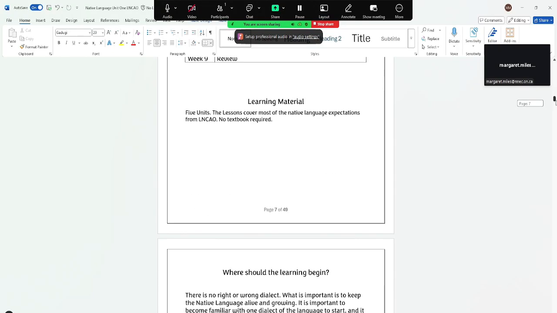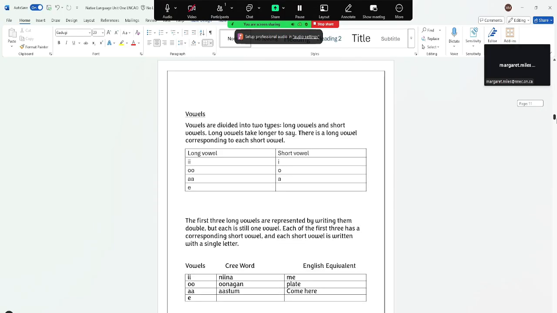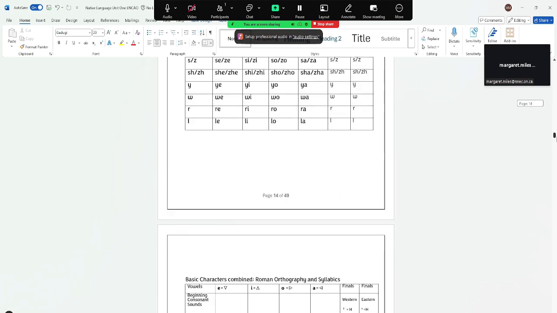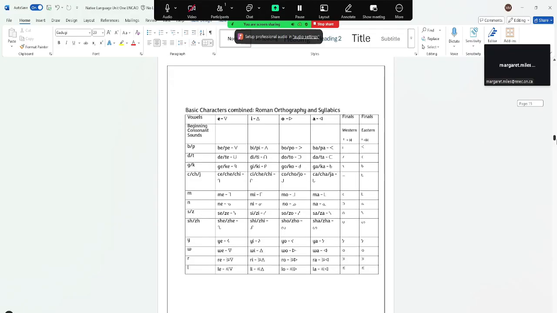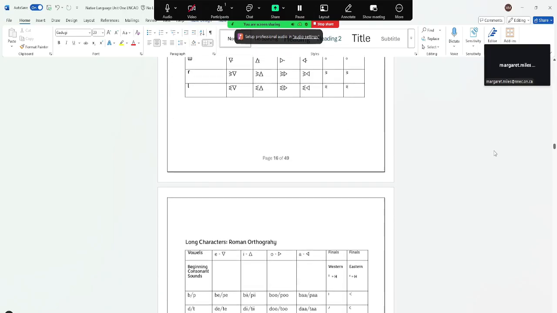The charts that you should print out are the combined charts. So basic characters combined, and the long characters combined.